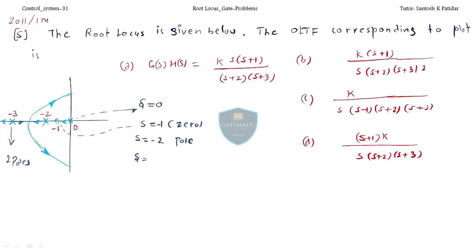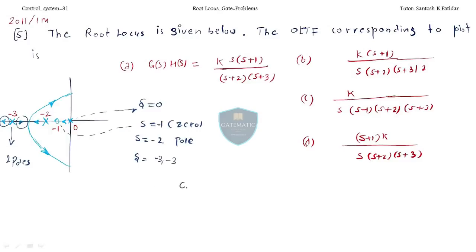You have to identify by this direction of RL branches. They have mentioned the cross sign only once, but they have given two poles over here. Why am I saying two poles? Because over here, observe this, two branches are moving outside from this particular pole. So here I don't have only one pole, here I have two poles. Okay, so at -3 you have two poles.